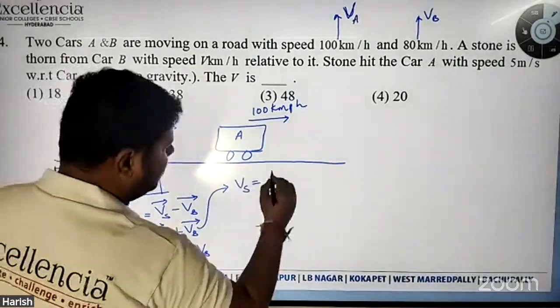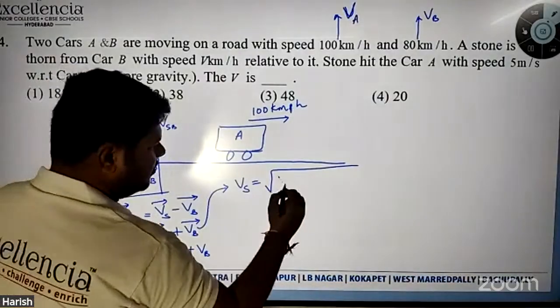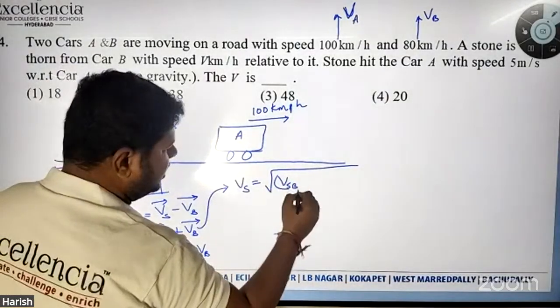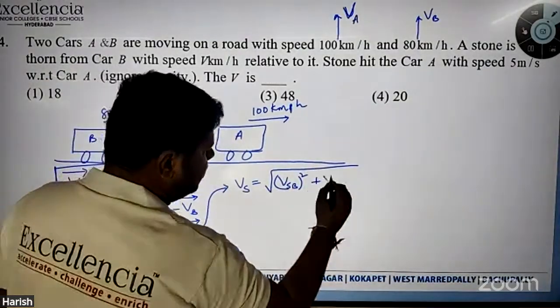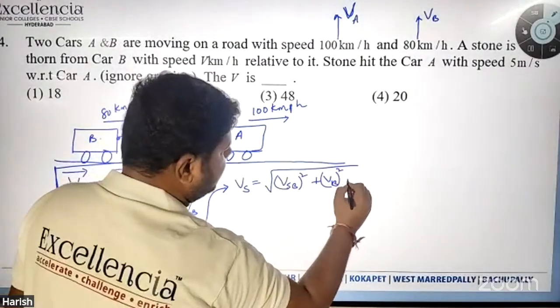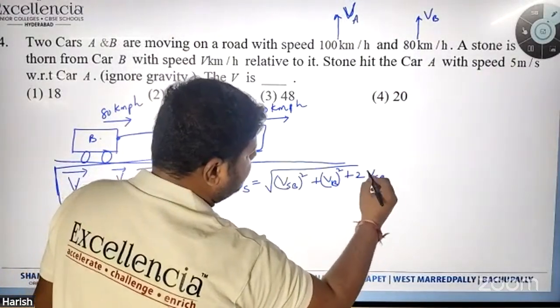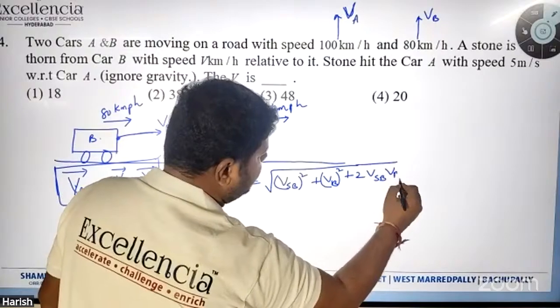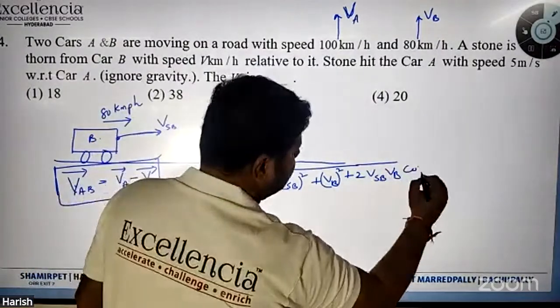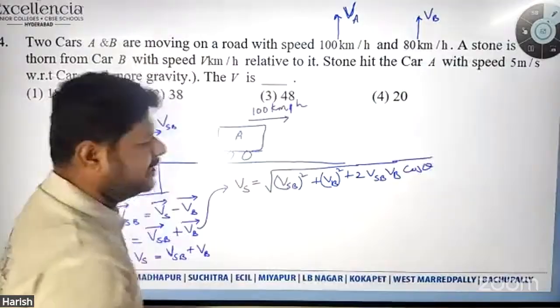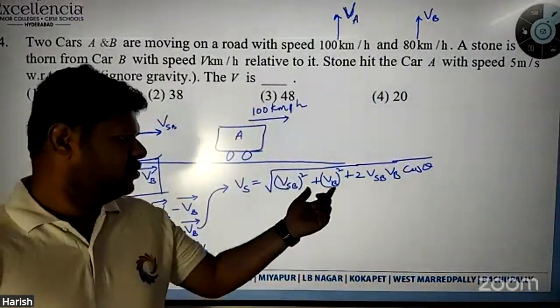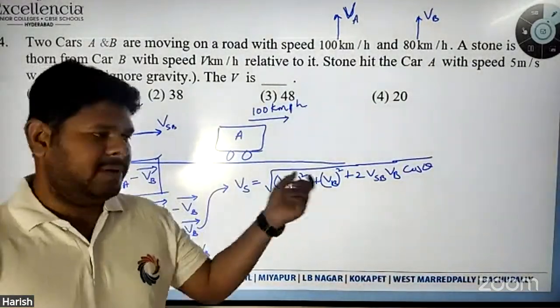So VS is equal to the square root of VSB whole square plus VB square plus 2 VSB VB cos theta, where theta is the angle between these two velocities, VSB and VB.